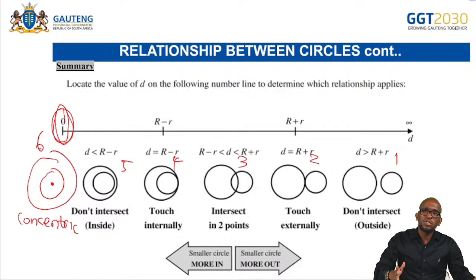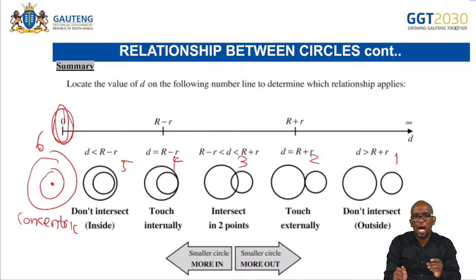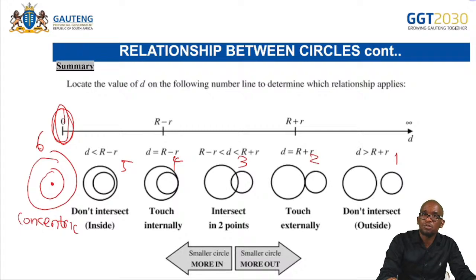Now that we have looked at the theory that governs the relationship, it is proper that we look at the algebraic properties so that we can find out how to determine whether they do not intersect, or intersect at one point or in two distinct points. We need to know how to work it out in problem solving.